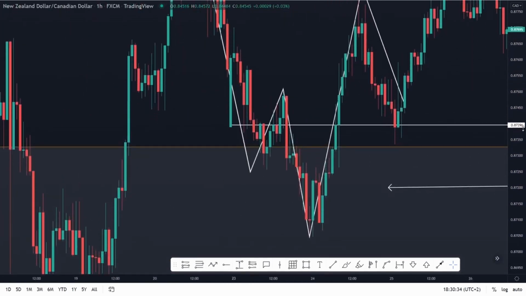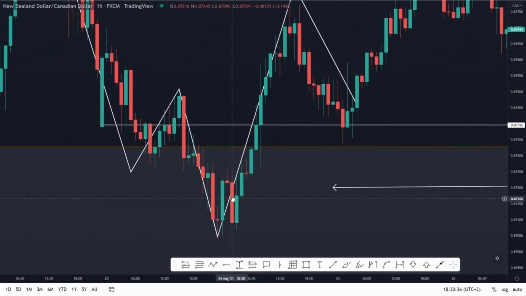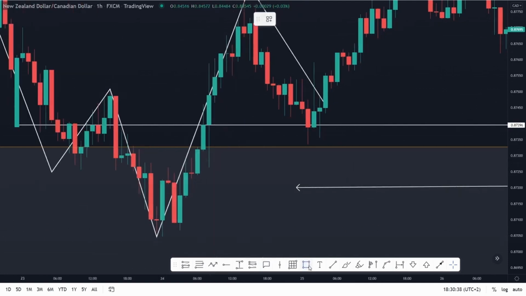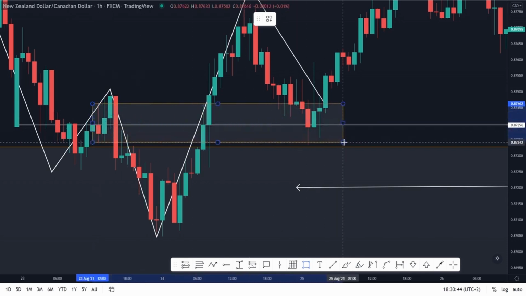Let's find our zone on the left side of the market. As you can see, we have this one over here, which was invalidated because we will start to look to buy at the retracement line here.